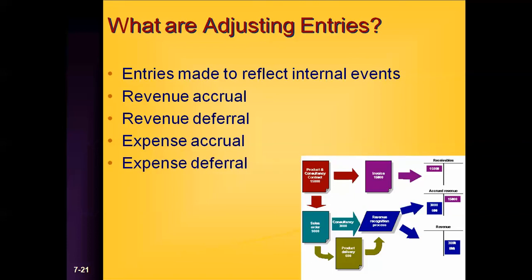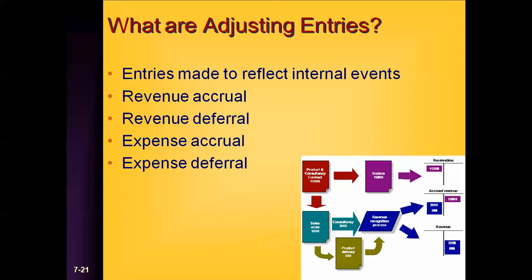So what does that actually mean? A revenue accrual, as we talked about, would result in an increase in an asset. An example of a revenue accrual, as we did in the budgeting exercise, is if we sold coffee on credit, we would increase accounts receivable. A revenue deferral would result in a decrease in a liability.